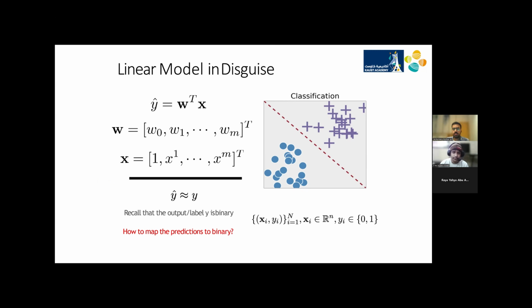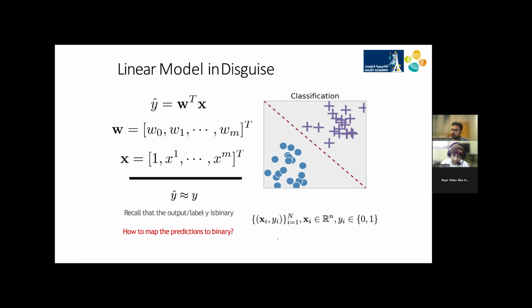So once we have the probability in the form of 0 and 1, our next question would be how do we map it to the binary class? Let's say we have only two classes.